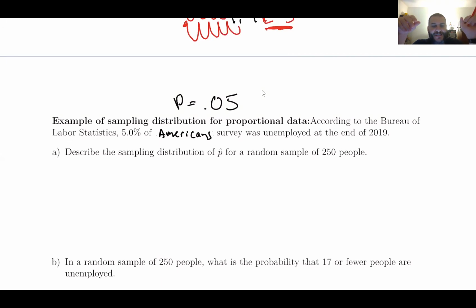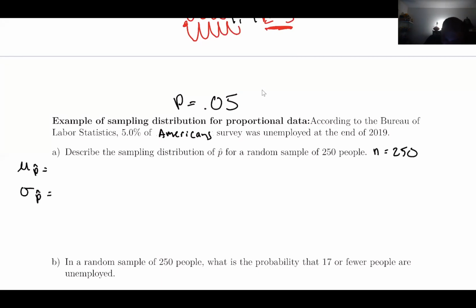So for A, it says describe the sampling distribution of p hat for a random sample of 250 people. So for this one, what's my sample size for part A? How many people did it say we sample? So that's our sample. All right. So what we're gonna do is describe the sampling distribution. We're gonna find mu of p hat, and sigma of p hat.